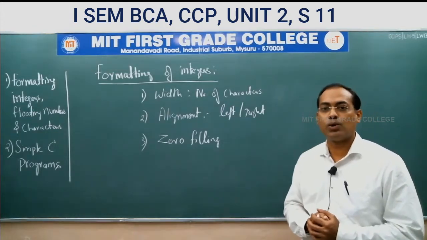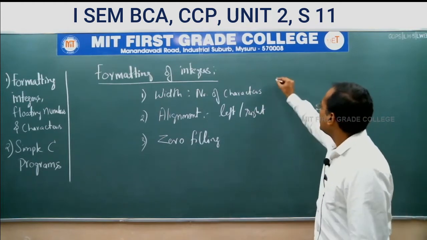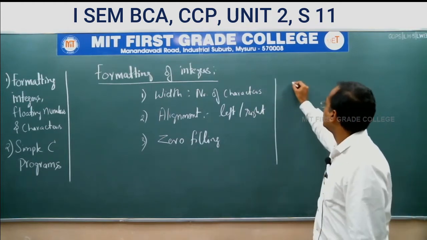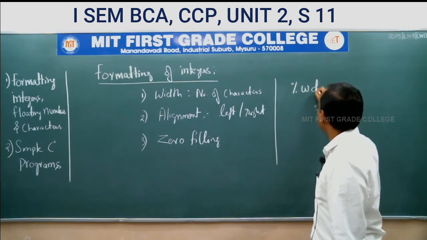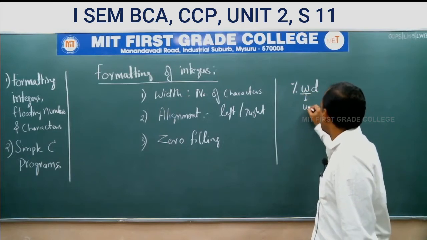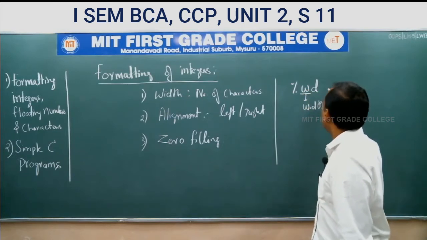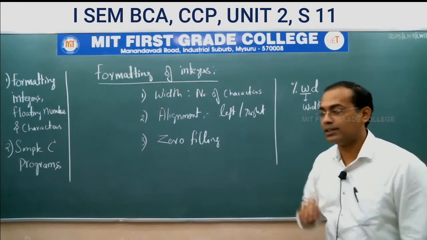Now we'll see how to work with all three types of formatting. The syntax for formatting is %WD, where W specifies the width and D is the format specifier for integers.